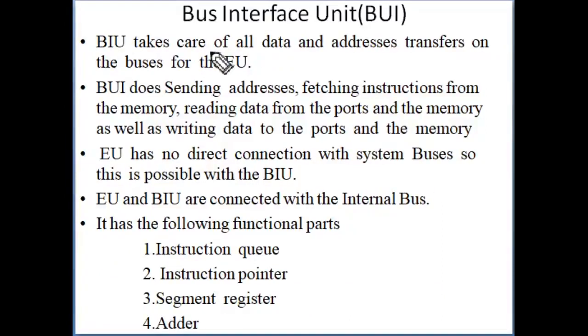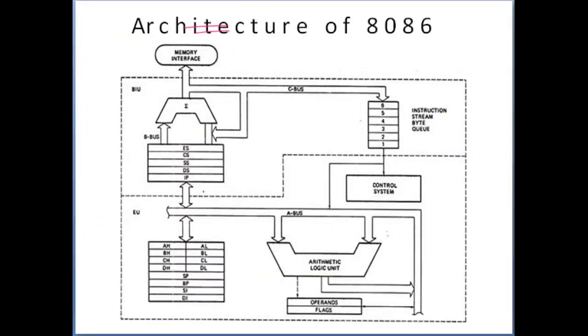To understand the bus interface unit better, let's go to the architecture part. In the architecture, you see this is the execution unit, this is your bus interface unit, and this is the memory unit. I already told you the execution unit does all the operations.